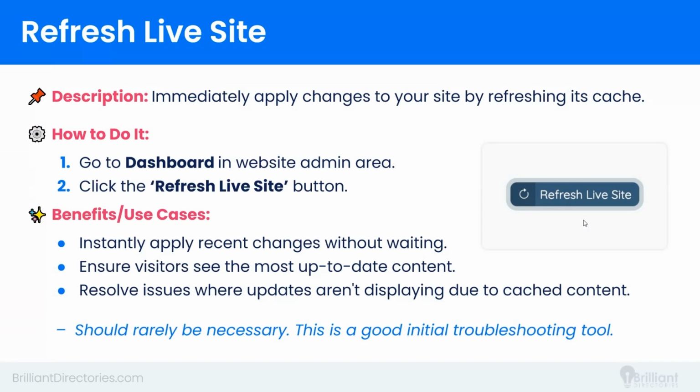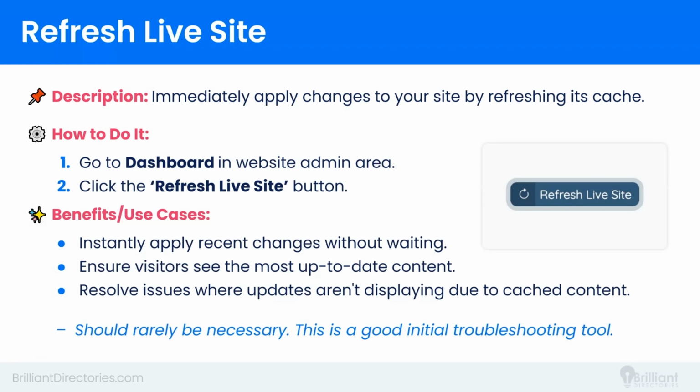You shouldn't need to use this too often, but you may have noticed in a couple different places within the admin area a refresh live site button. I believe there's also a link in the dashboard menu item on the left-hand side. It lets you immediately apply any changes that you're not seeing on your website by doing a hard refresh on the website's cache.